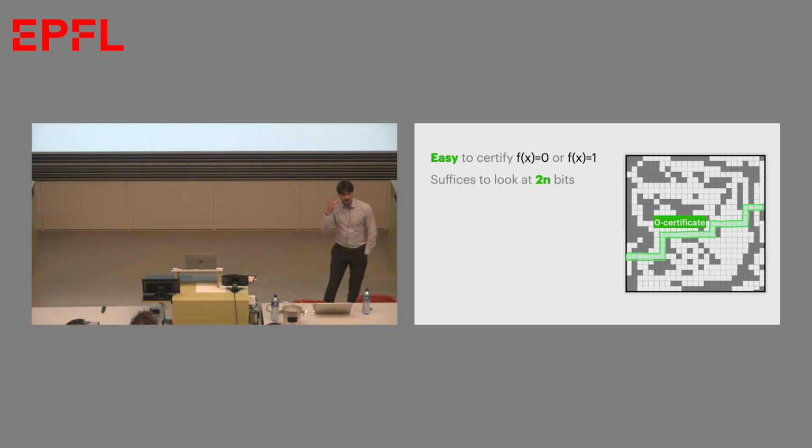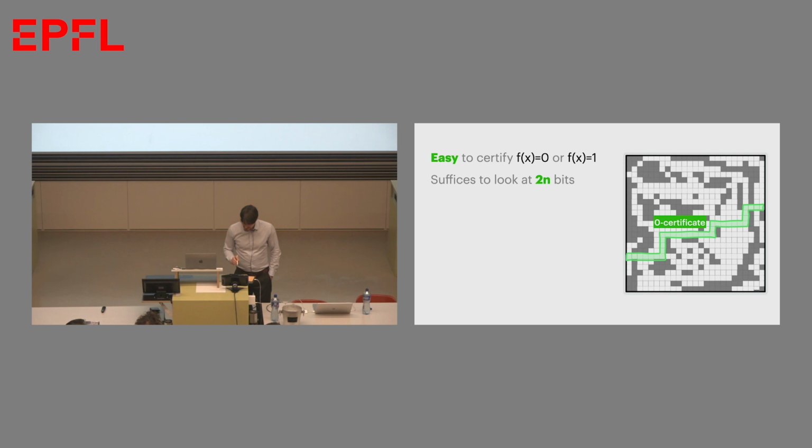By construction, it's very easy to certify whenever the function outputs a Boolean value, so a 0 or a 1. Easy to certify in the sense that if you only knew where to look, you wouldn't even have to read the whole n squared bits of input.